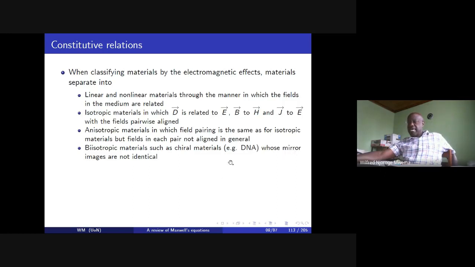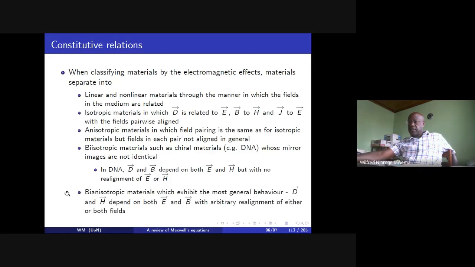That is, the mirror images of the molecules are not identical. This you can recall from your course in organic chemistry in high school. So in DNA, D and B will depend on both E and H, but with no realignment of E or H. Bi-anisotropic materials exhibit the most general behavior, with D and H depending on both E and B, and the alignment of either of both fields is arbitrary.